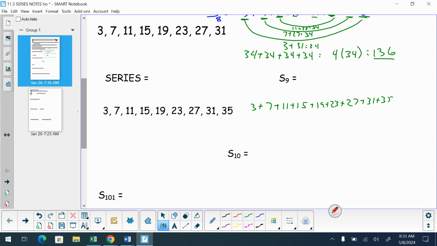I have 9 numbers I can add. I could do that. But just follow the same method of madness we just did up top. If we add our first and last term together, we get 38.